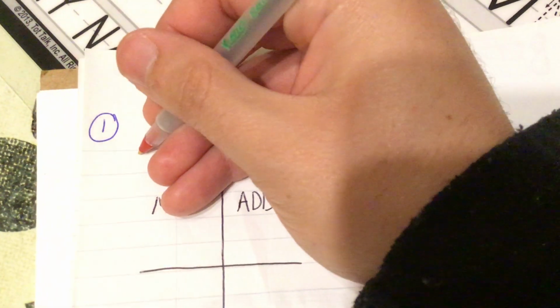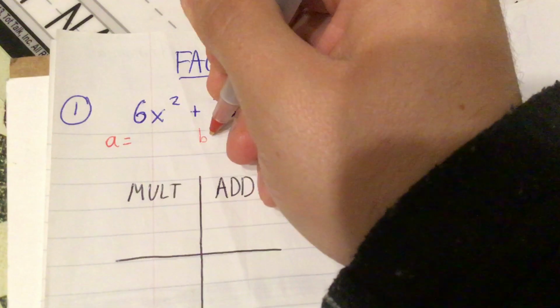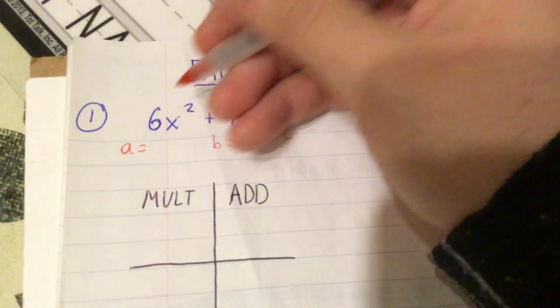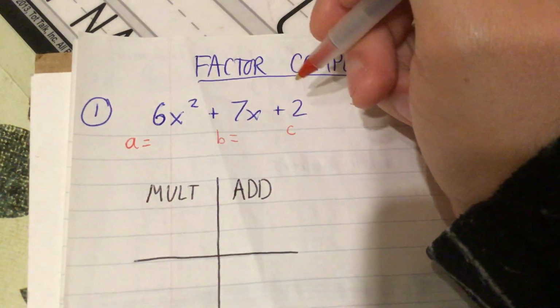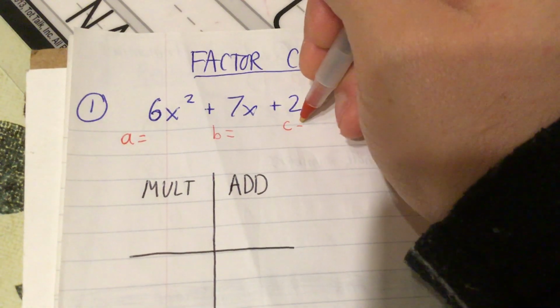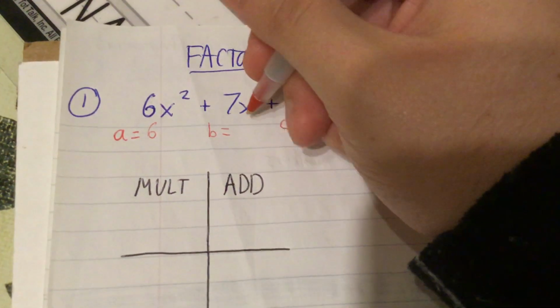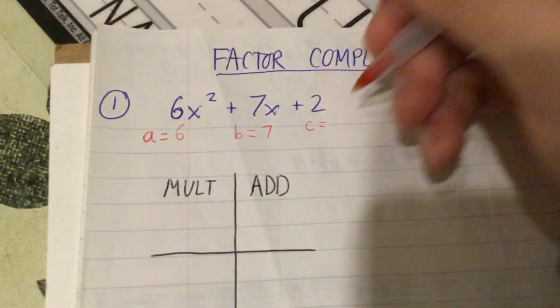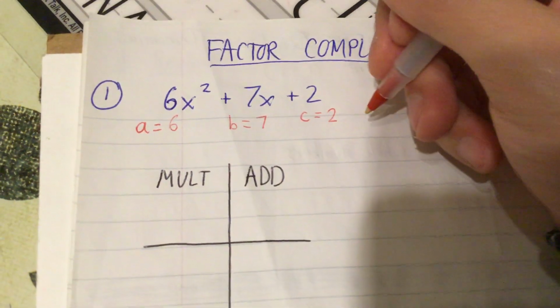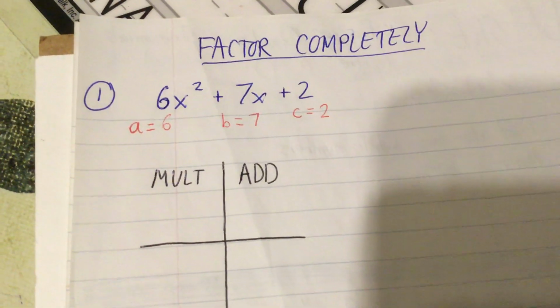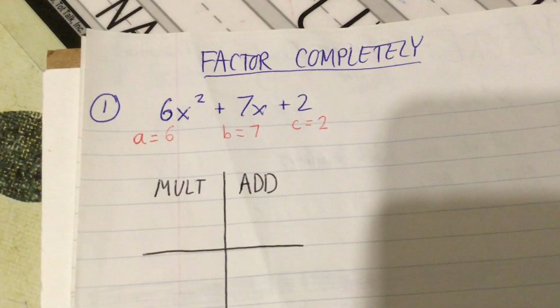I would label my A, B, and C. So this is in standard form: Ax squared plus Bx plus C. So my A is 6, my B is 7, and my C is 2. Okay? Step 1, once you've done the A, B, and C, it just makes me calm.